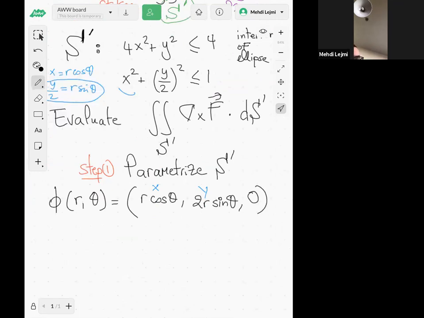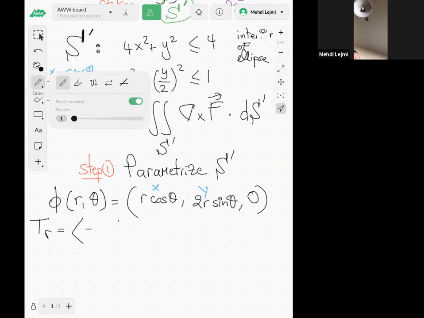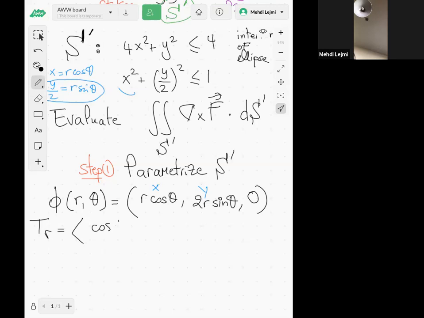Now for the tangent vectors. The derivative with respect to r, the first parameter, is cosine of theta, 2 sine of theta, and 0.